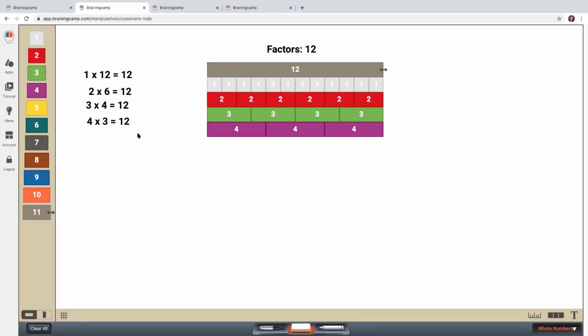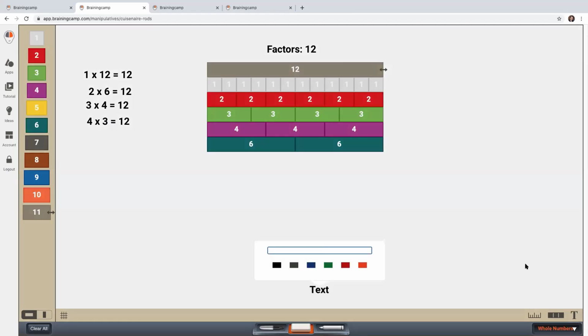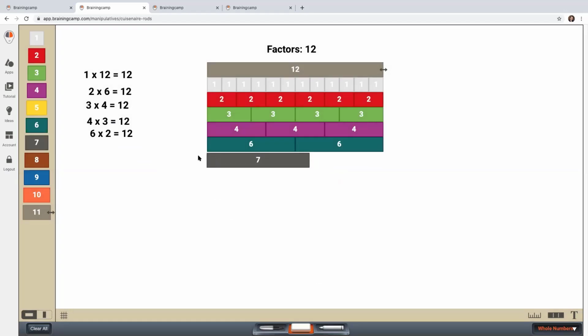So as you can see so far, I have a lot more factors for 12 than I did for 4. And let's check 5. Nope, that does not work because 5 times nothing is 12. And let's check 6. Oh, I know 6 will work because 6 is half of 12. There we go. So I have 6 times 2 equals 12. And then I'm going to check 7. Oh, 7 does not work.